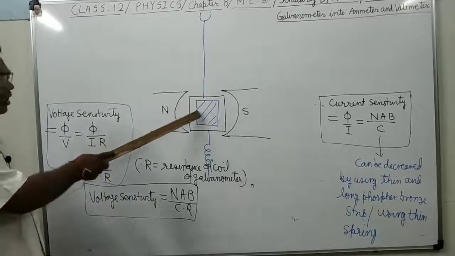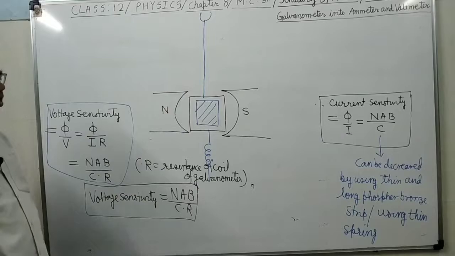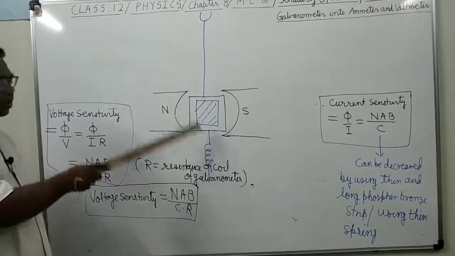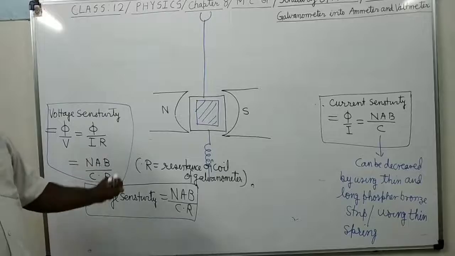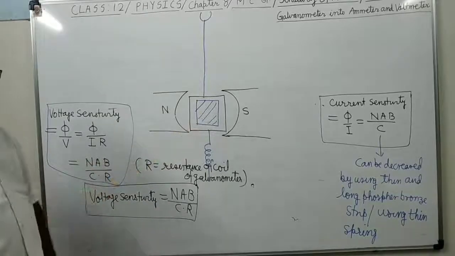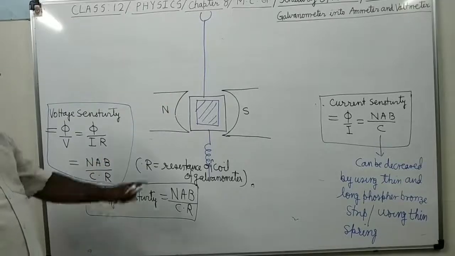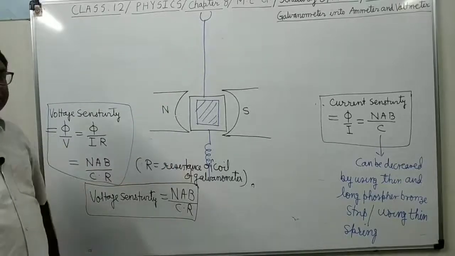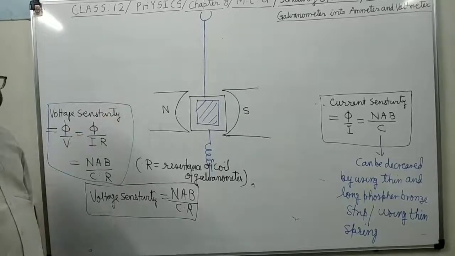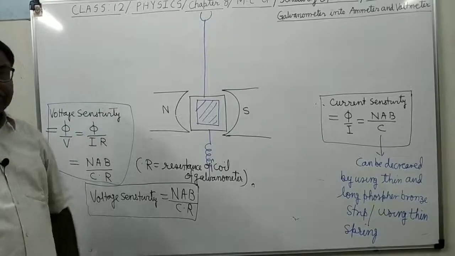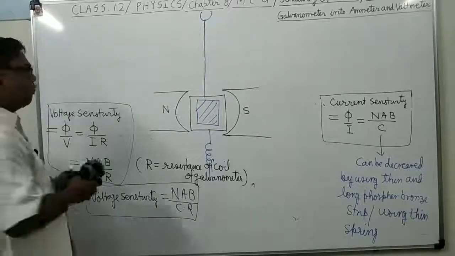When the deflecting torque acts upon it, it will start rotating. Because of its rotation, the turns of the spring will get twisted. They will twist more and more as the coil rotates more and more. So the value of C can be decreased by using a thin spring. Is it clear? So these are the factors on which the current sensitivity and voltage sensitivity depend, and these factors are very important.